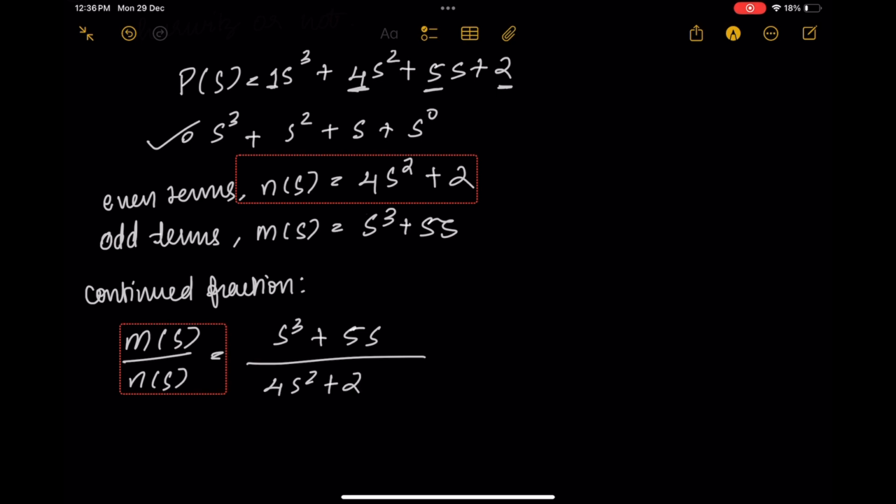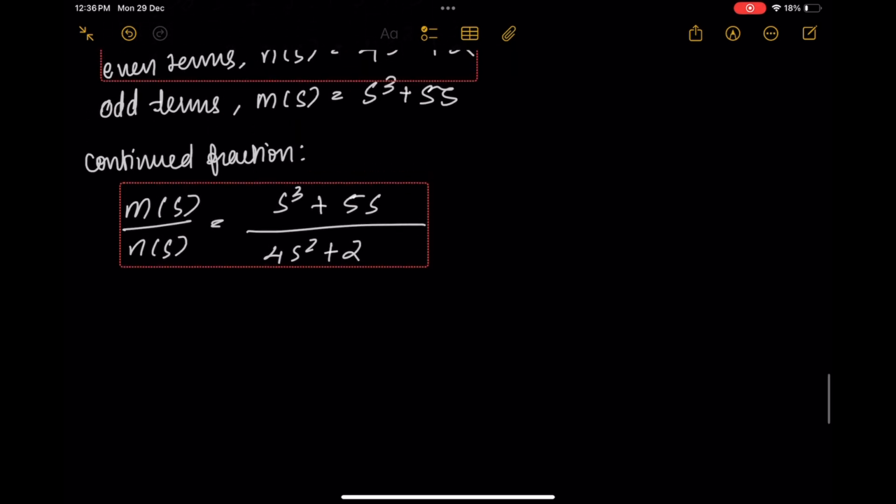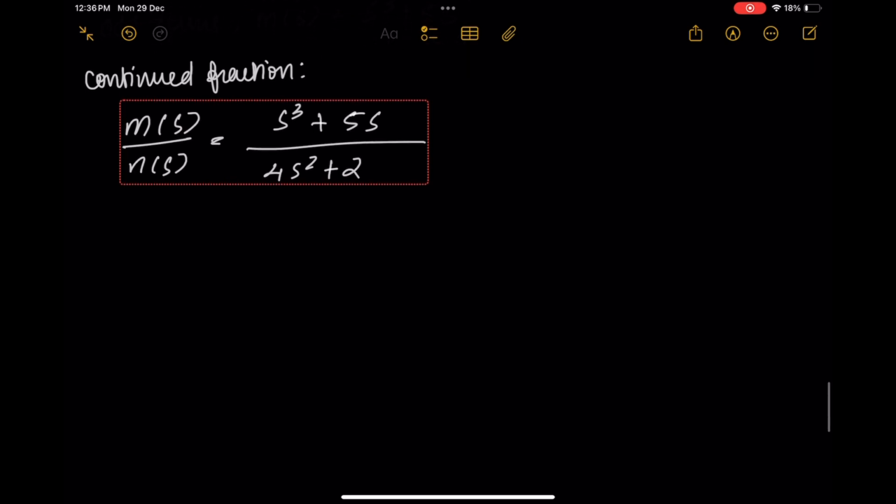Okay, now that I have written the fraction, we have to do continued fraction and get the quotients, because the quotients of the continued fraction expansion determine whether this polynomial is Hurwitz or not. If the quotients are positive, then the polynomial is Hurwitz.